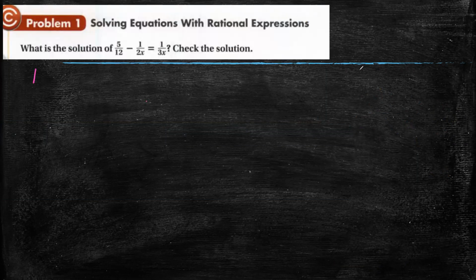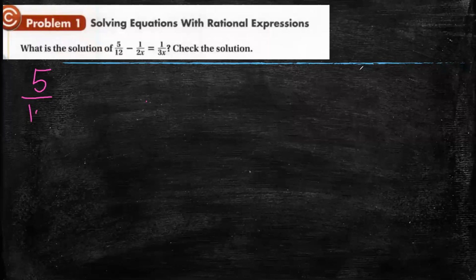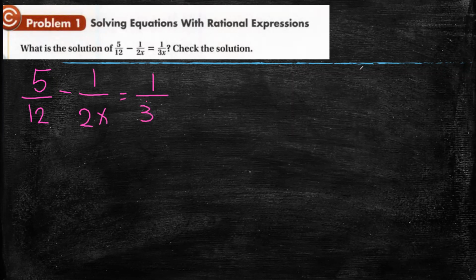Here we have 5 over 12 minus 1 over 2x equals 1 over 3x. The first step is to find the least common denominator between 12, 2x and 3x. Bring all the denominators down: 12, 2x and 3x.